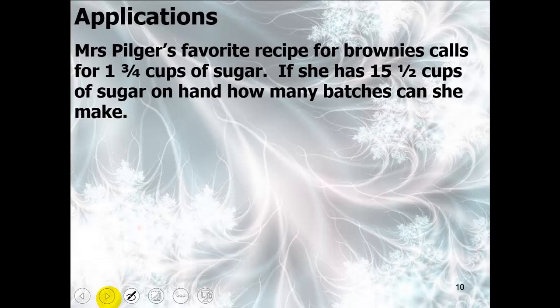All right? So she wants to take 15½ cups and see how many groups of 1 3/4 cups she can have. How many groups? Well, that's a division. Division takes something and divides it into groups.